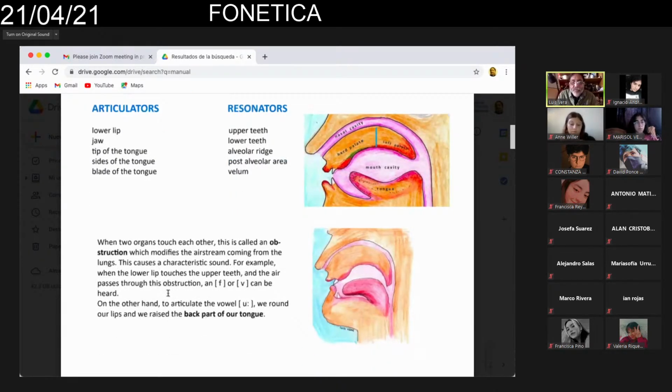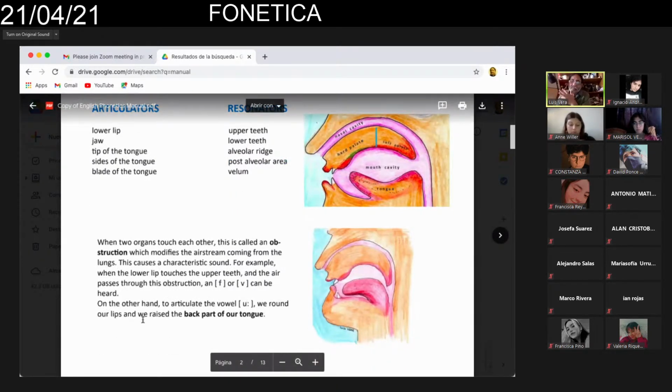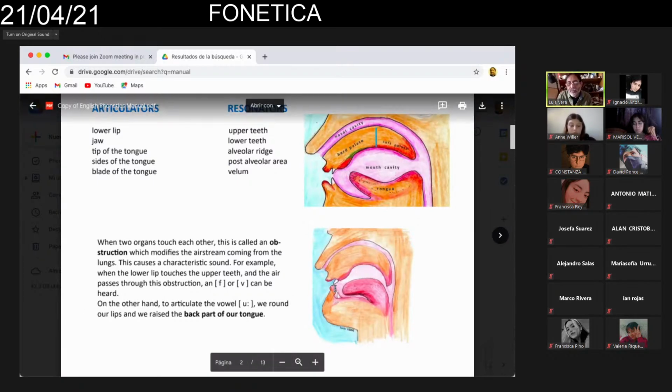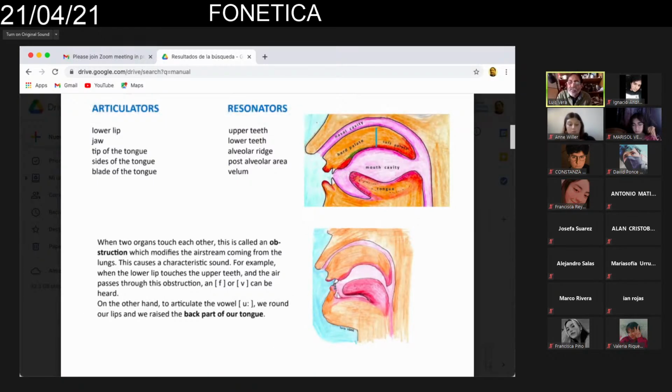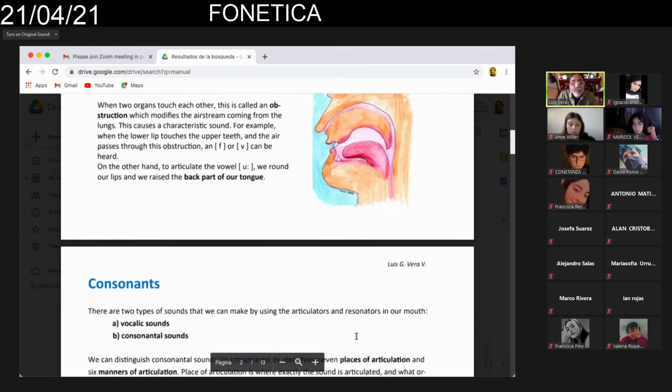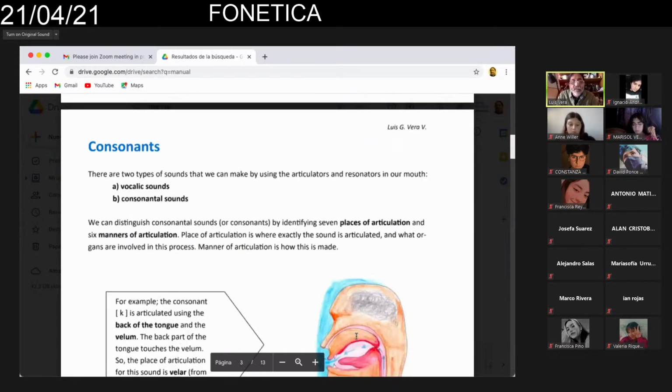Yeah, and then, for example, when two organs are together, that is called an obstruction. In this example, the lower lip is touching the upper teeth, so the obstruction is labiodental. That's the name of the obstruction, labiodental, and the name of the place of articulation, labiodental. Then we have consonants.